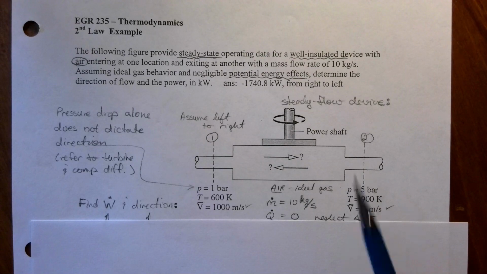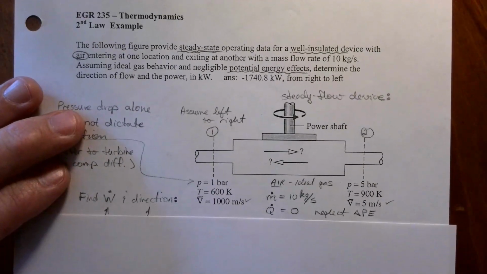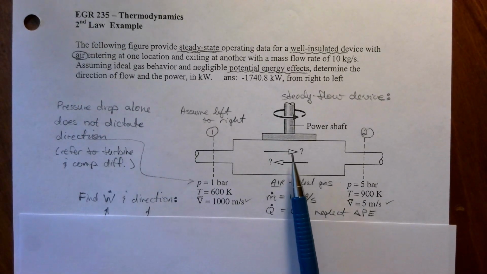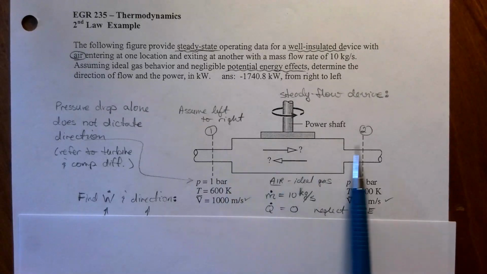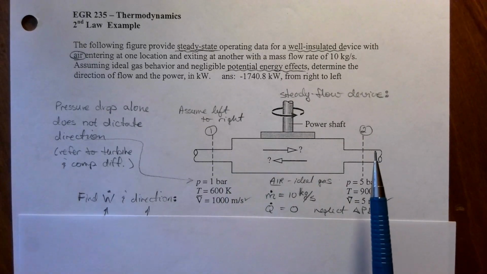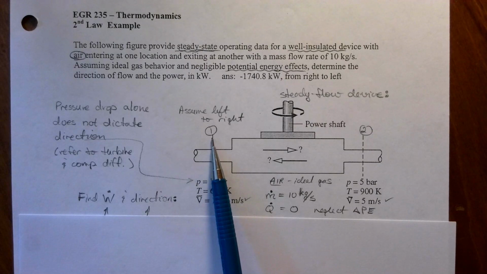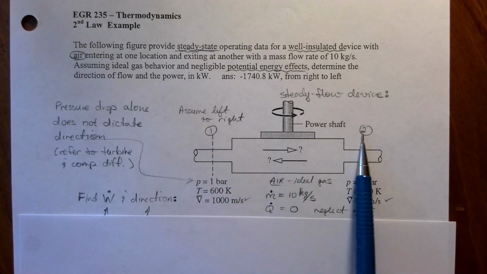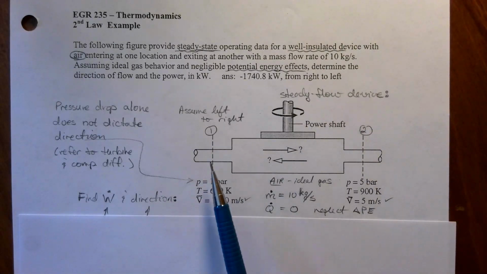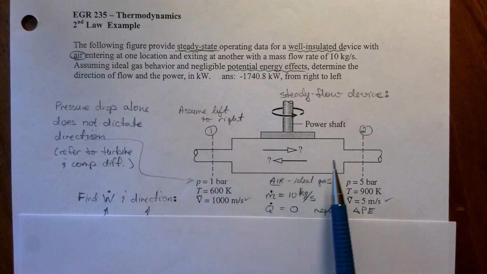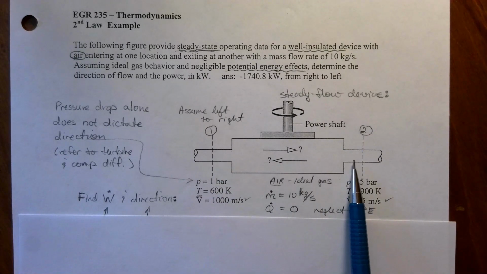Okay, so here's what we're going to do. We are going to assume that the flow is from left to right, because that's the way we read. It's just kind of convenient. I'm going to assume the flow goes from 1 to 2, so identify this as the inlet. And then I'm going to work the problem checking the second law.